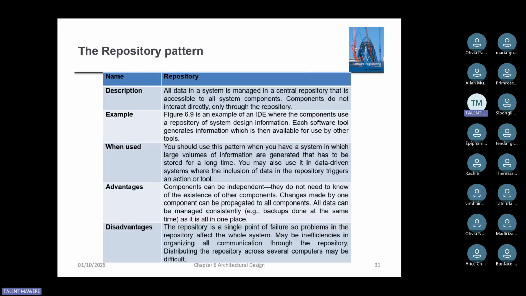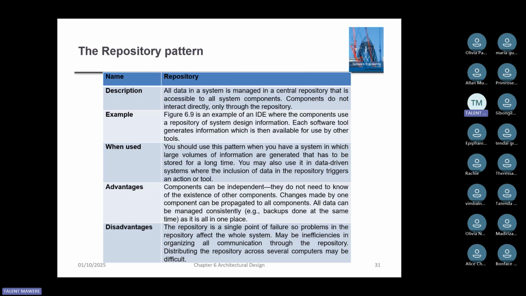So in the repository system, all data is managed in a central repository that is accessible to all system components. Components do not interact directly, but only interact through the repository. There is a diagram that I will later explain, which shows the repository model. When do you normally use the repository pattern?